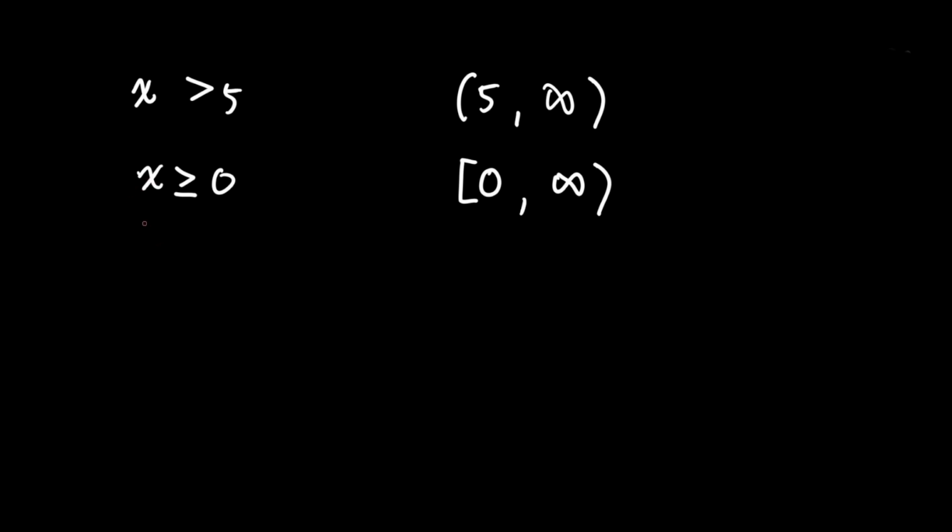And now let's say we have the range, and the range in interval notation would be 3, 7. So we're going from 3 all the way to 7, and we're leaving out anything else. For the inequality notation, our range, which is y, has to be less than 7 and greater than 3.